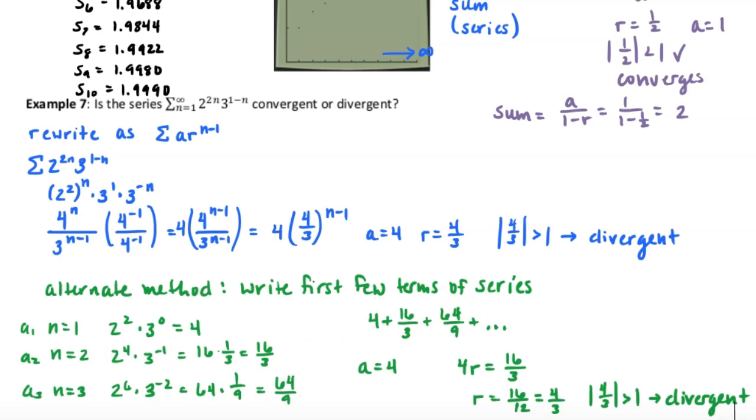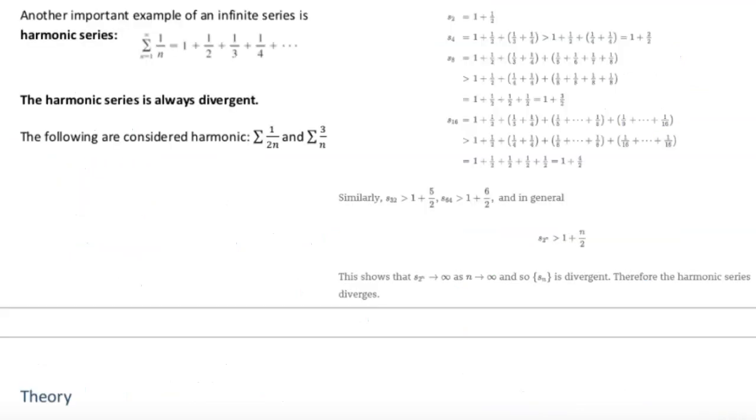And so that's it for the geometric series. So now we're talking about another example of an infinite series called the harmonic series. The harmonic series is the sum of values from n equals 1 to infinity of 1 over n.